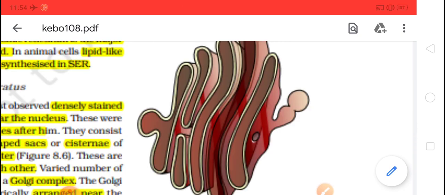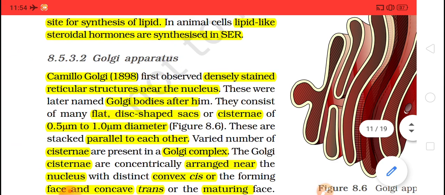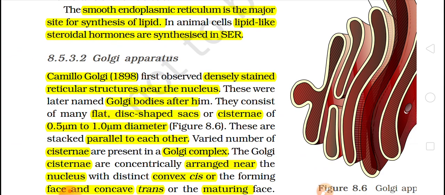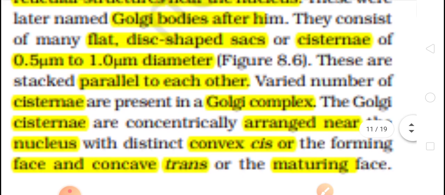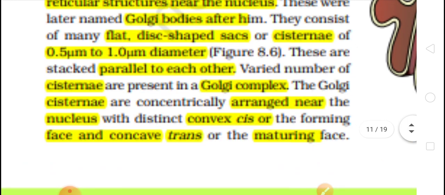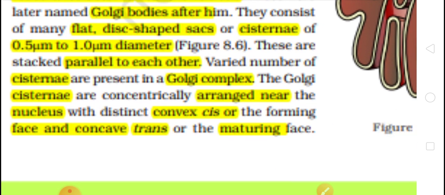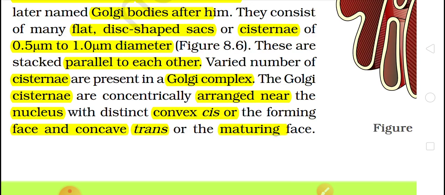These cisternae that are found near the nucleus were observed by Camillo Golgi in 1898. Okay, so the size is 0.5 to 1 micrometer in diameter. Now children, a varied number of cisternae are present in the Golgi complex. Okay, and the Golgi cisternae are concentrically arranged near the nucleus.